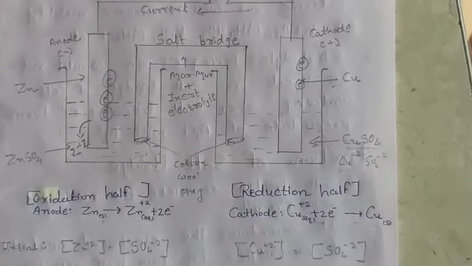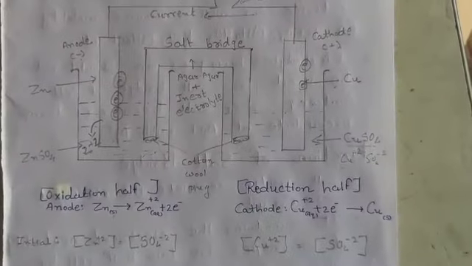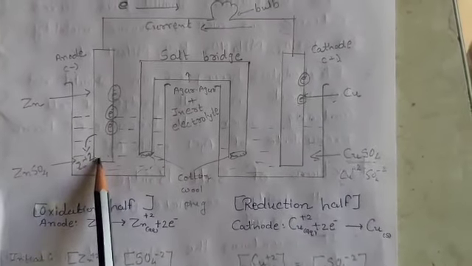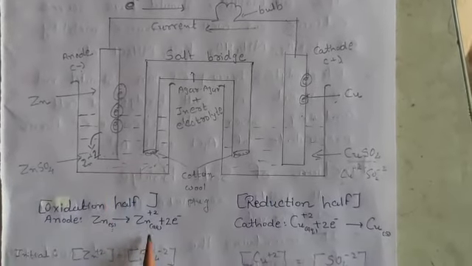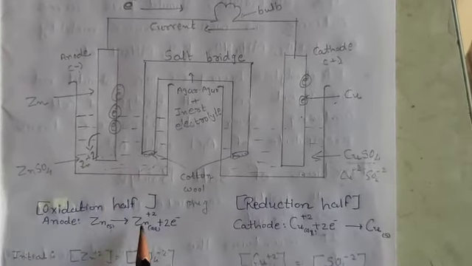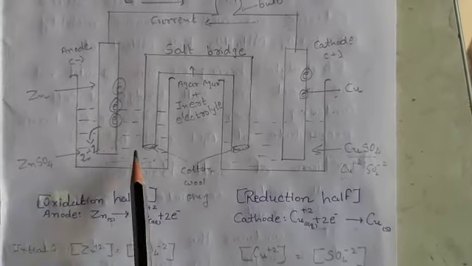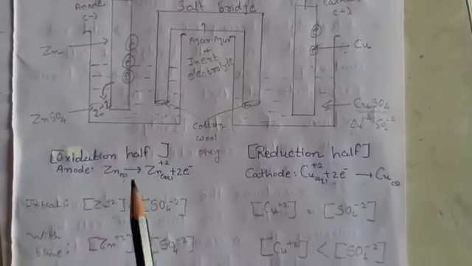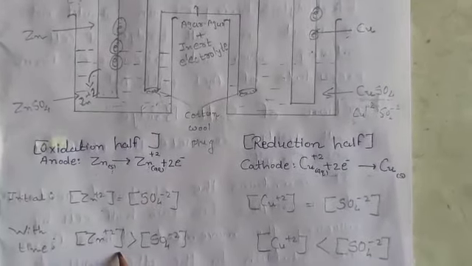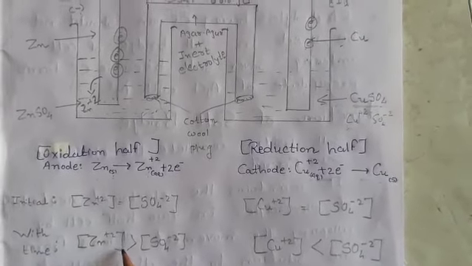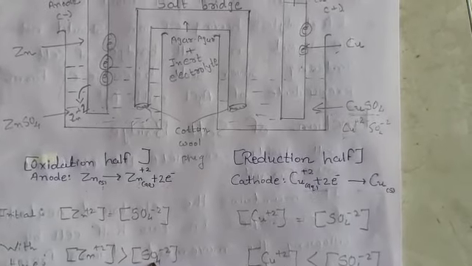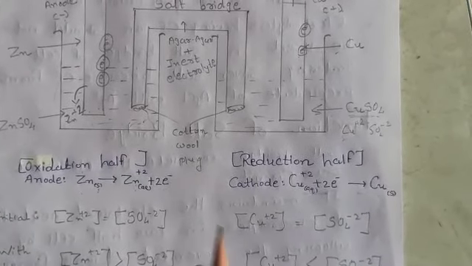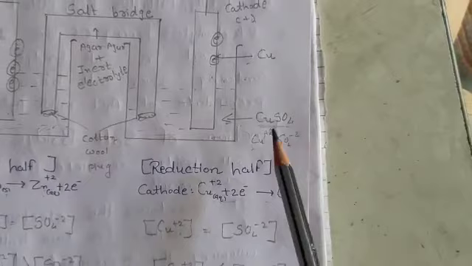But when we connect the half cells and the reaction starts, at the anode Zn donates electron and is converted into Zn+2. That Zn+2 goes into the solution. Means after some time there will be a high concentration of Zn+2 as compared to SO4-2, right.